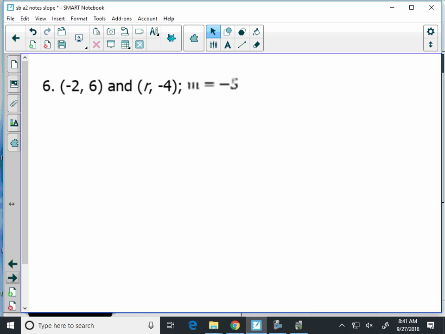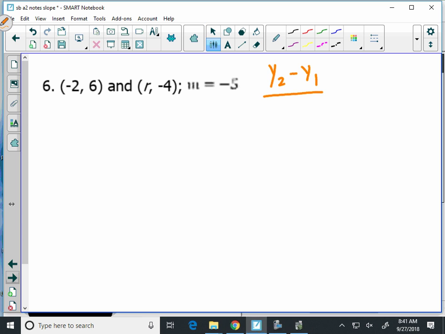Okay? So we're going to set it up the same way. We're using the slope formula, and that's equal to m. So label x1, y1, x2, y2. Fill it in.